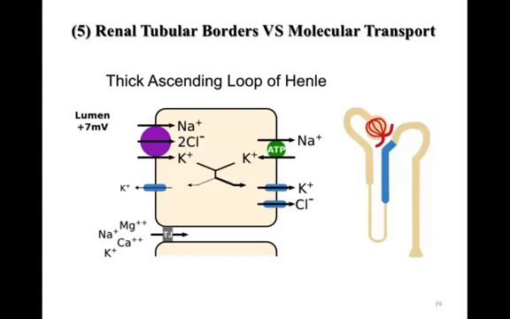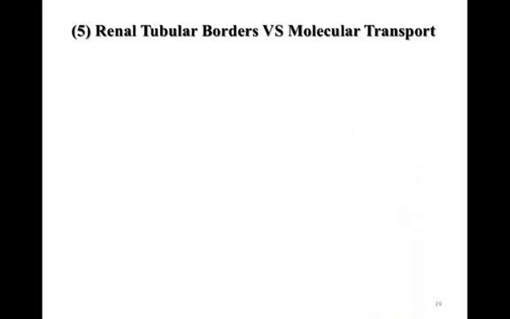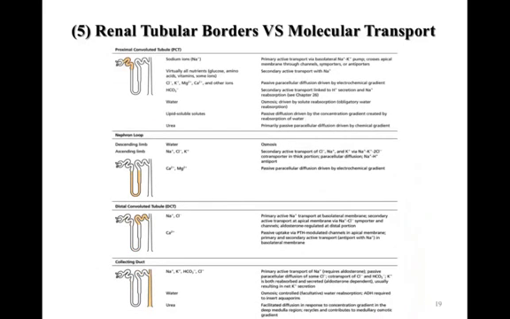In the same way, more and more electrolytes and solutes will find their way in and out of renal tubules through luminal and basolateral borders, as we're going to discuss later in detail.